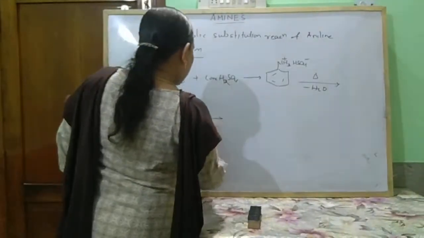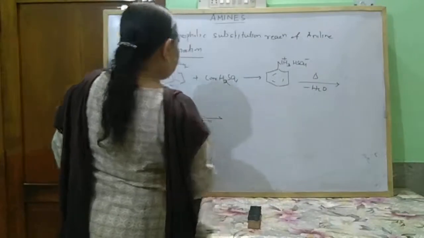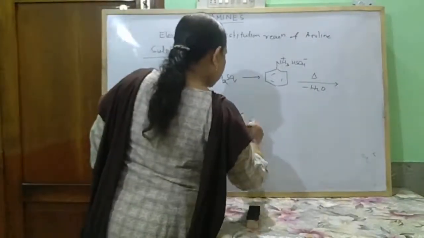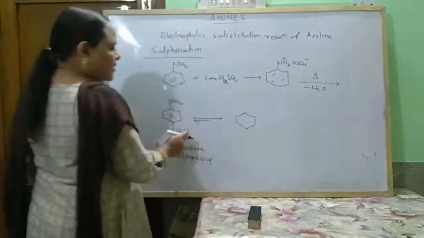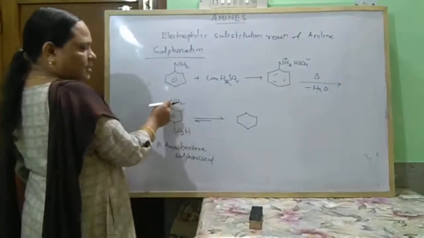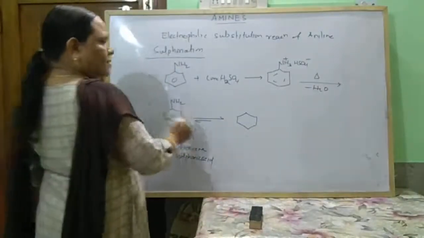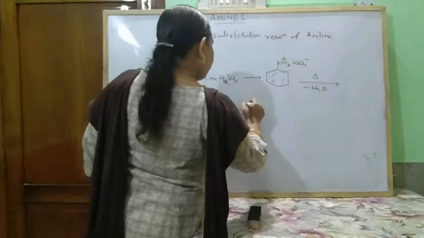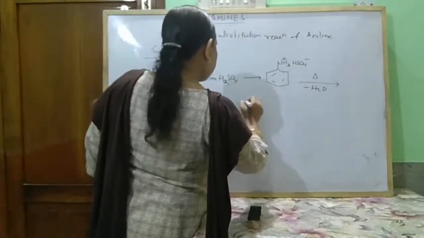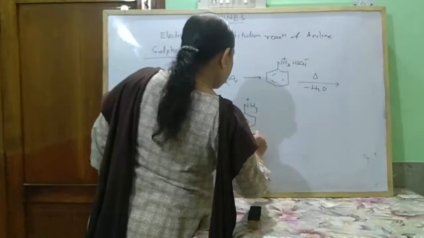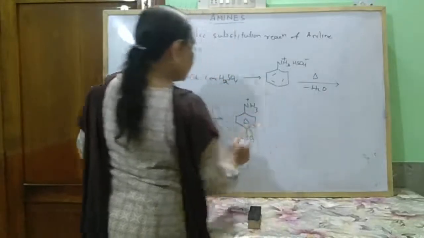So this para-aminobenzene sulfonic acid, this part is acid, it can give H plus ion, and this is the basic part, it can receive H plus ion. So in this way it forms NH3 plus SO3 minus.